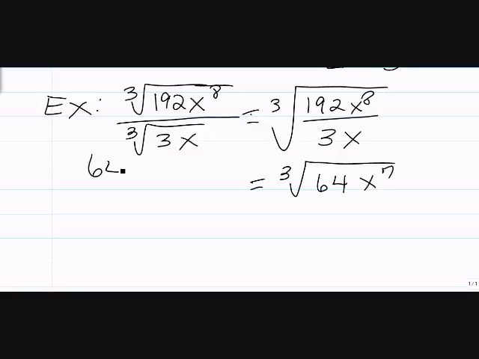All right, so let me try to simplify 64. 64 is 2 times 32. 32 is 2 times 16. Oh, I already see a perfect square in 16, oh, no, I'm looking for cubes. Sorry. No, I need to get that 2 in there. 16 is 2 times 8. 8 is 2 times 4. 4 is 2 times 2.